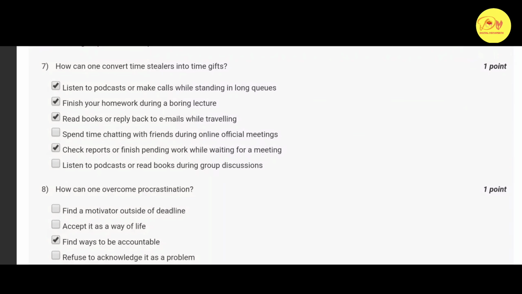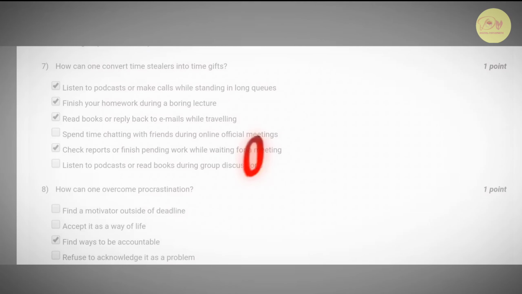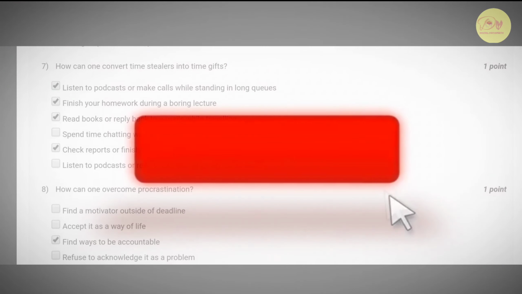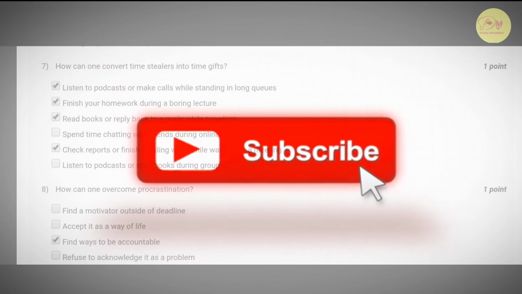Our seventh question is how can one convert time stealers into time gifts? Correct options are listen to podcast or make calls while standing in long queues, finish your homework during a boring lecture, read books or reply back to emails while traveling, check reports or finish pending work while waiting for a meeting.